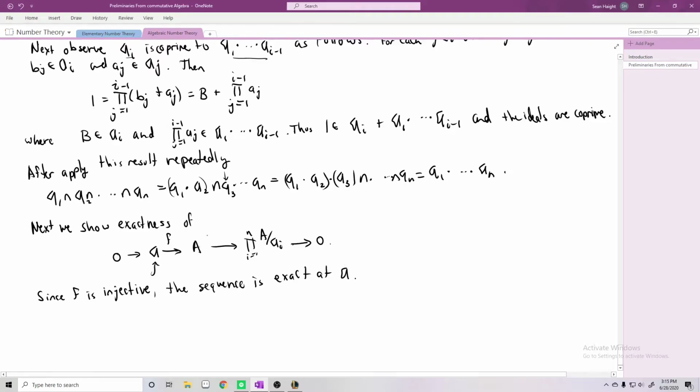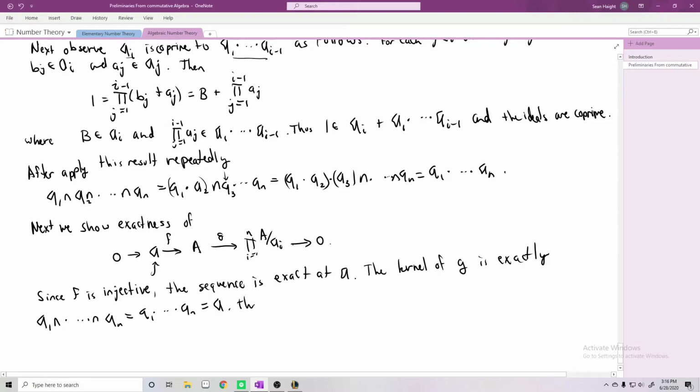So the kernel of G is exactly, if you think about this for about 2 seconds, you'll see that the kernel of G is the intersection of all these ideals A sub i, A1 intersect through AN, which also happens to be the product, which is exactly this ideal A. Okay.